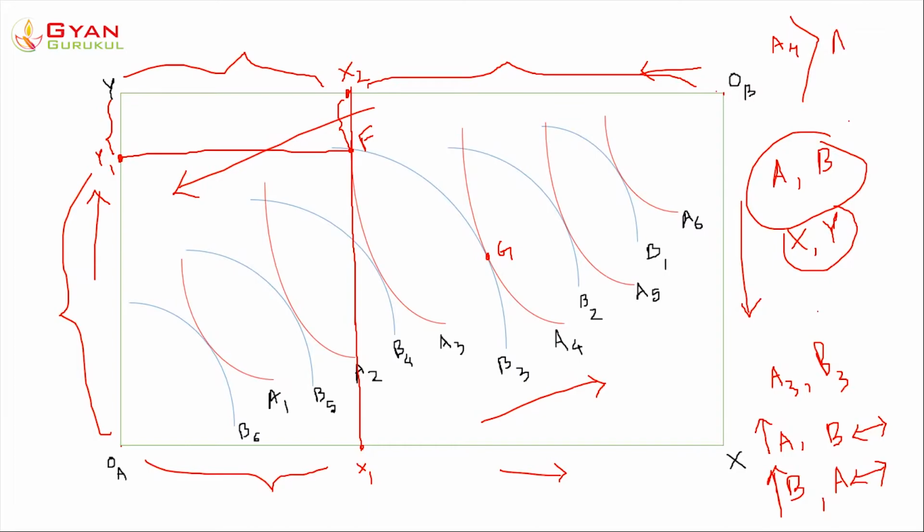Therefore, if the two consumers move from point F to point Z, that means the utility of A increases.